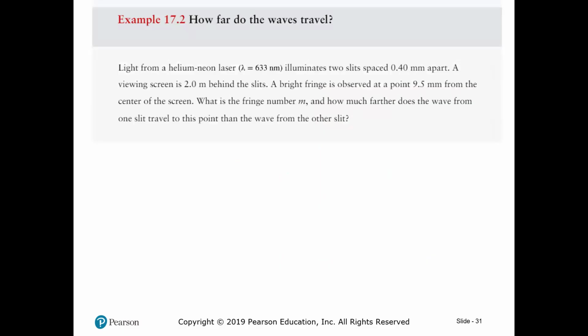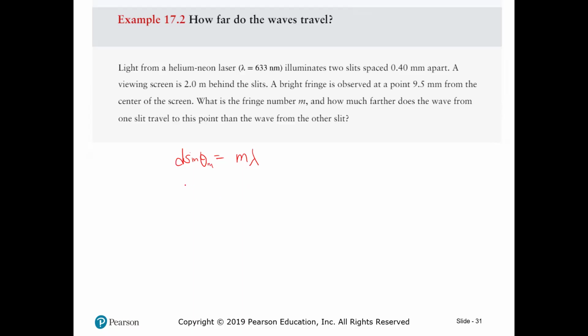Now I'm going to derive this one again, because this is the most important thing. The path length difference between the two light paths, d sine theta, equals m lambda. This is the condition for a maximum bright area.